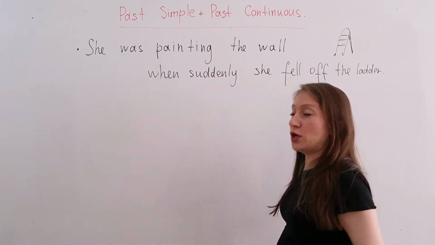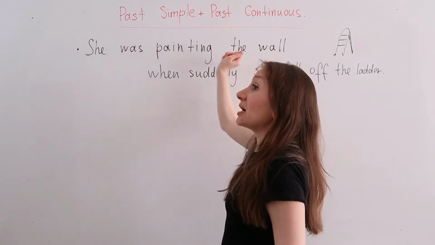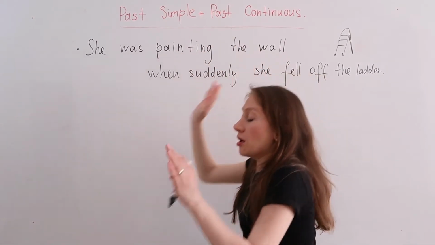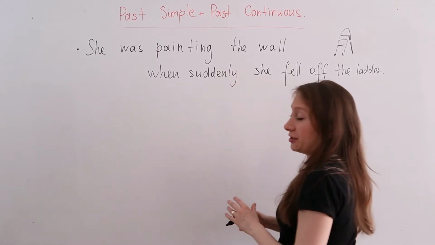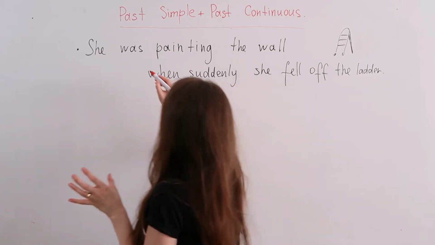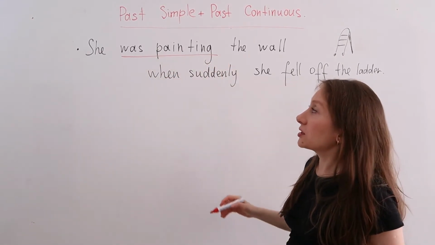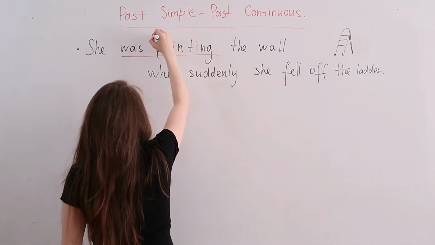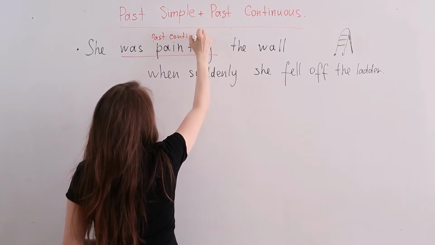So imagine the situation. So she was painting the wall when suddenly she fell off the ladder, right? We have two verbs here. She was painting. You see from the construction that it's past continuous, right?